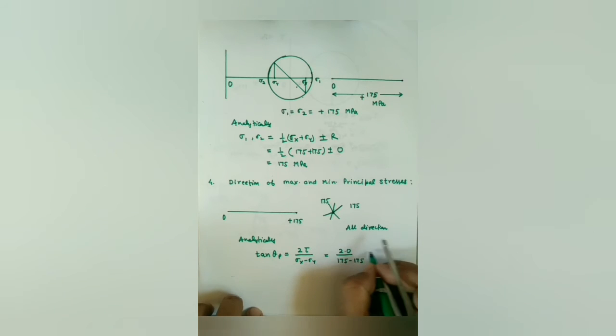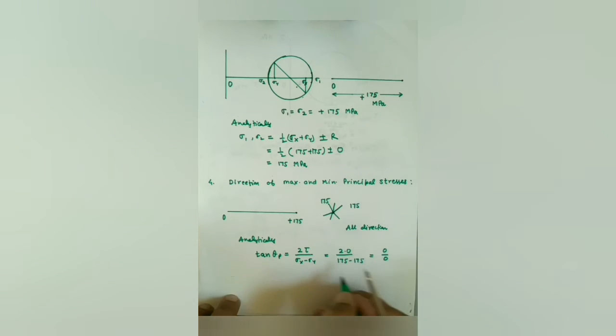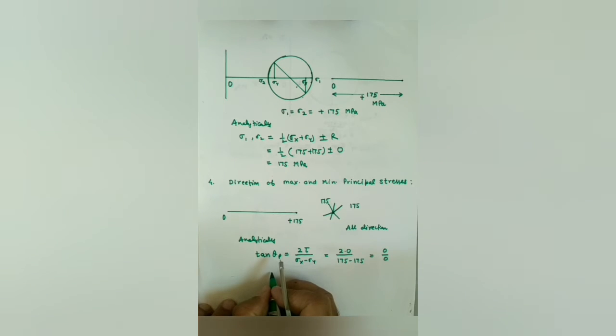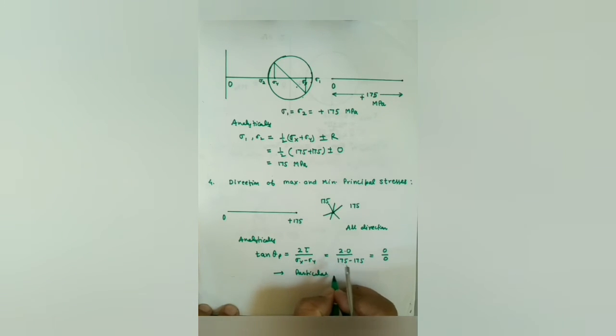So we get 0 by 0. This is an indeterminate form. So the direction of principal stress is not in any particular direction. It cannot be ascertained mathematically. So we can say all directions is the answer.